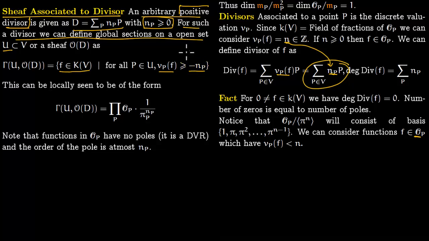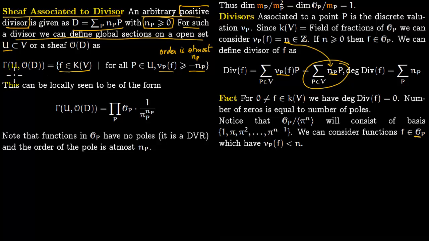So that is, the order of the pole is at most n_P. We can actually understand this more concretely just using discrete valuation rings.